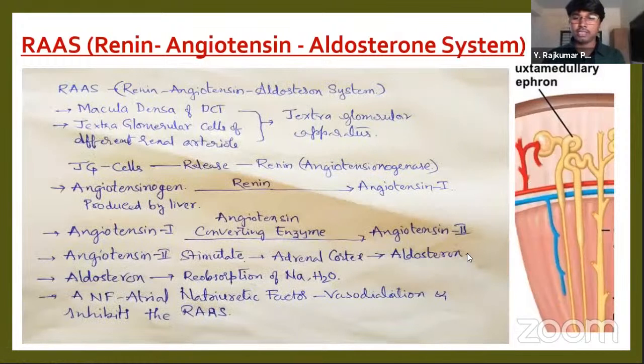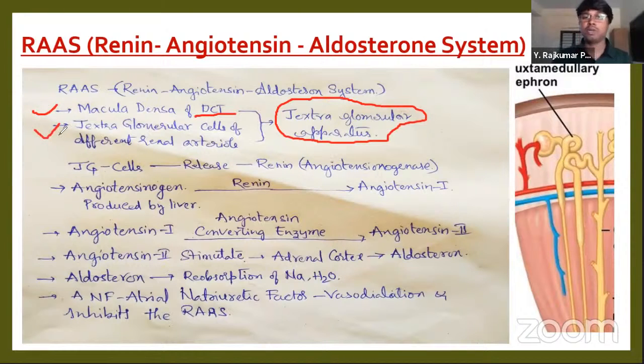Just now we have discussed the juxtaglomerular apparatus, isn't it? This apparatus is made of two kinds of cells: the macula densa of the distal convoluted tubule and the juxtaglomerular cells of the afferent renal arteriole. The macula densa means the group of cells densely arranged in the DCT.